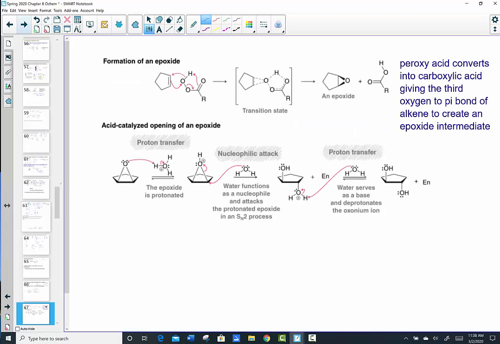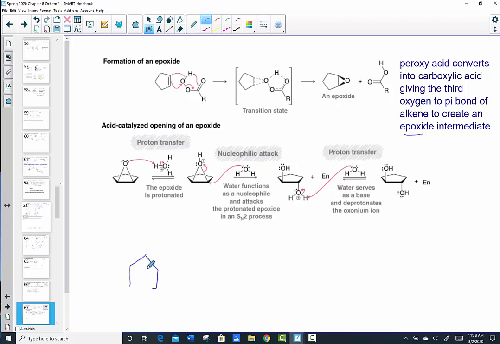In the presence of this peroxy acid, there's a very unique, very interesting mechanism. The peroxy acids convert into carboxylic acids, and it gives the 3rd oxygen to the pi bond of the alkene, creating an epoxide intermediate. So think about what we just said.